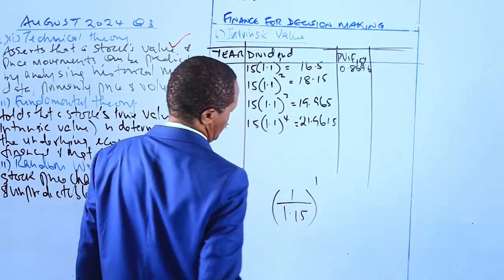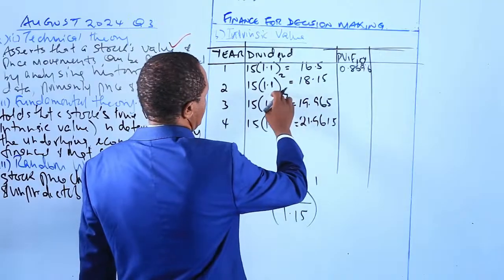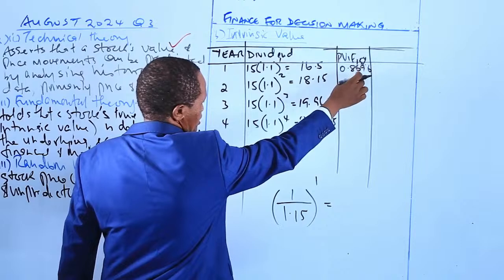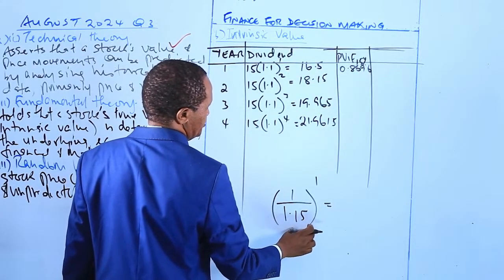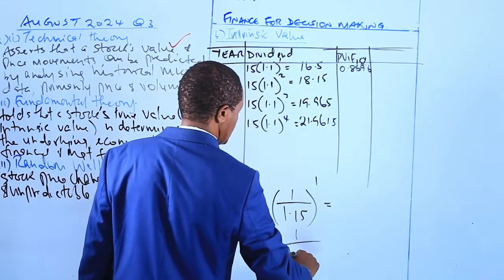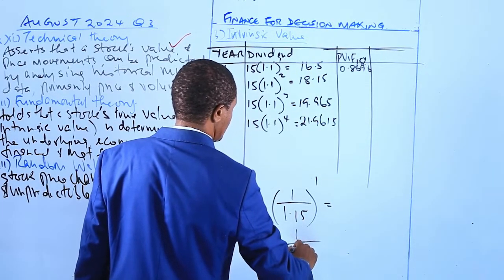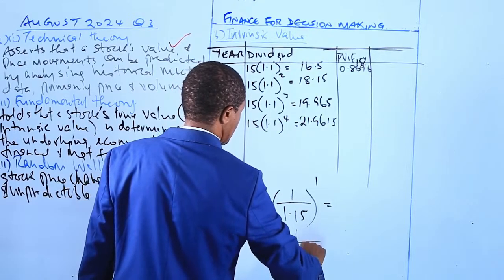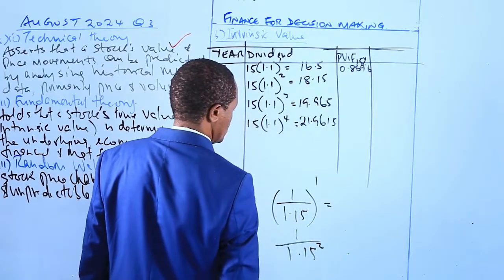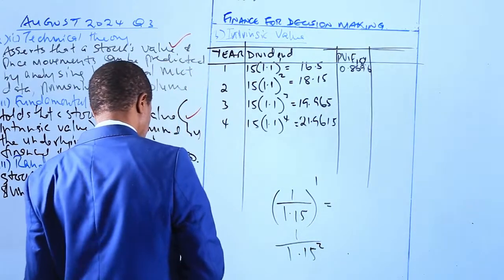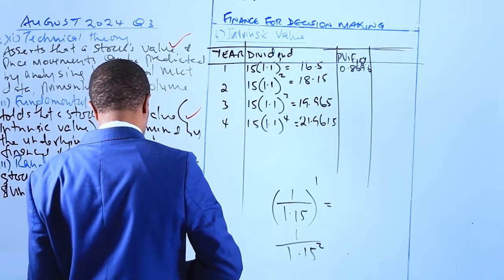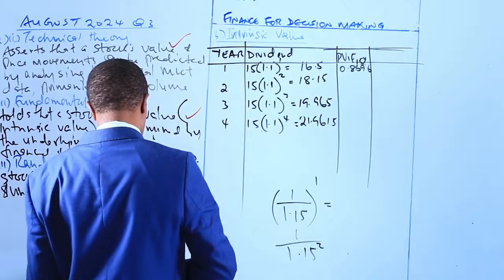This is how you get it. Then for year 2, if you are not using the table, this is how to determine the present value interest factors. For year 2, it's going to be 1 over 1.15 raised to 2. So that will be 1 divided by 1.15 raised to 2.